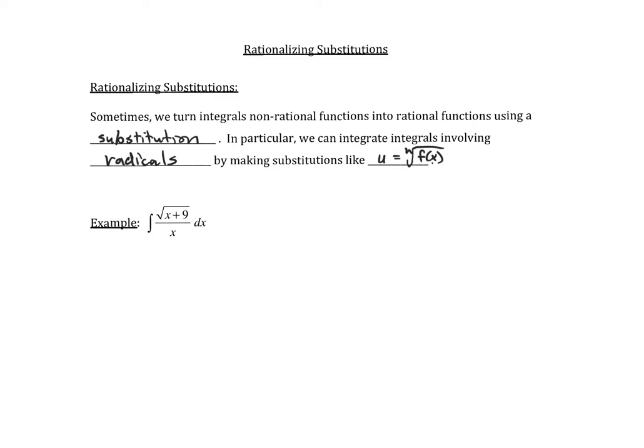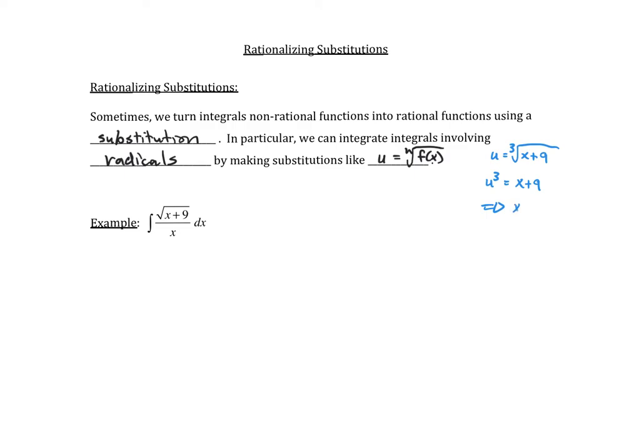So let me show you a quick example, I suppose. Let's say that you have u equal to the cube root of x plus 9. After you made that substitution, you would be able to cube both sides. So you'd have u cubed is equal to x plus 9. This would allow you to solve for x.